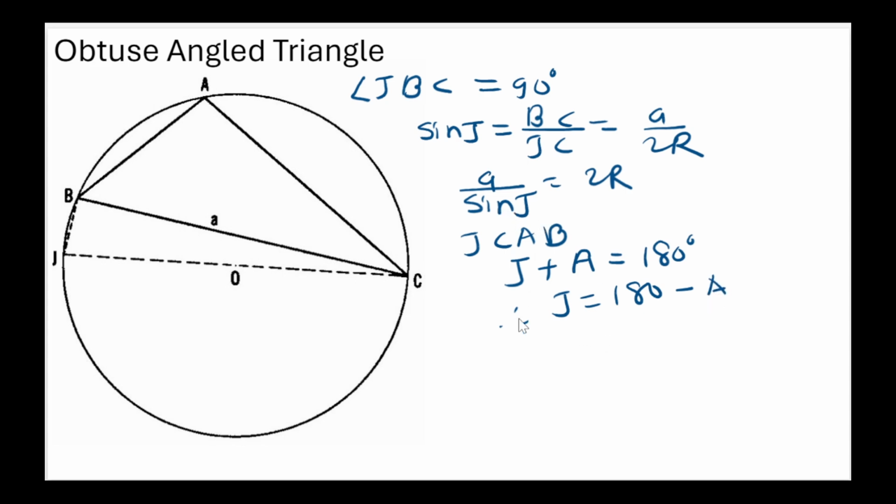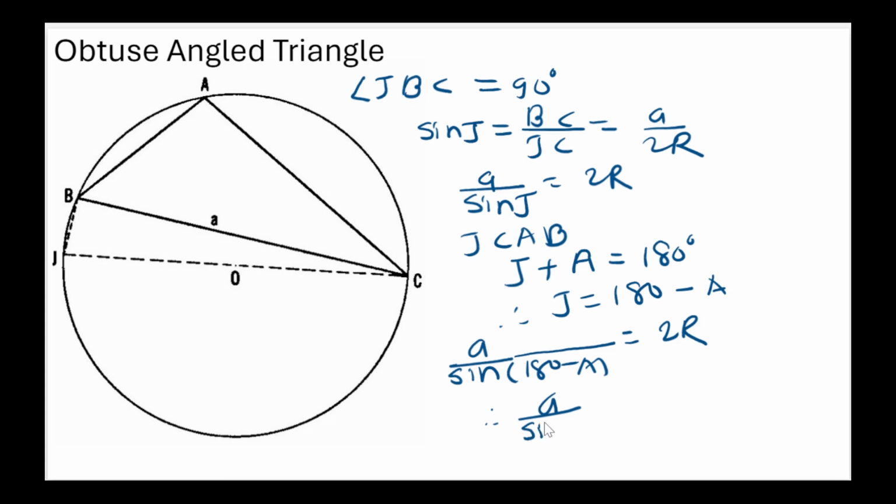Therefore, in the above equation, in case of an obtuse angle triangle, I can say a upon sine J, we can write as sine of 180 minus A, since J is equal to 180 minus A, that is equal to 2R.